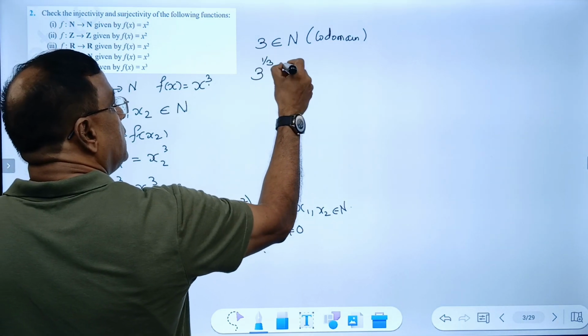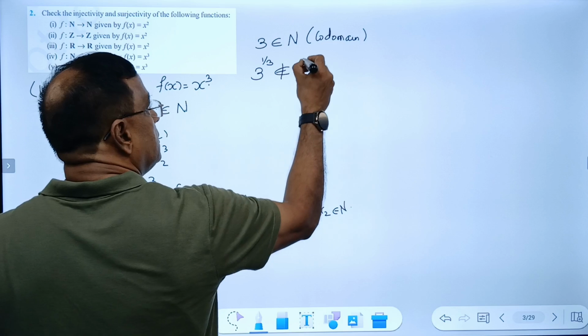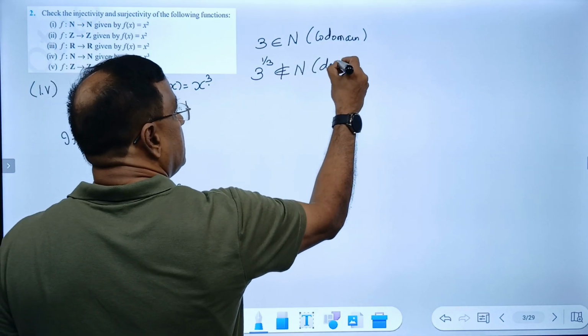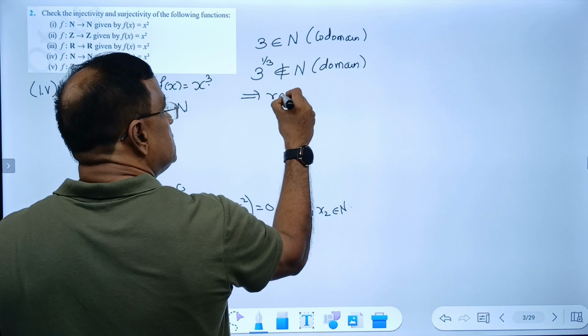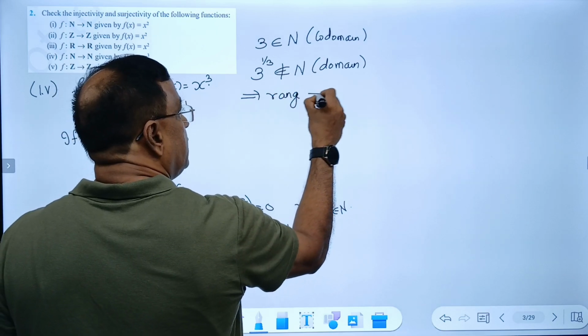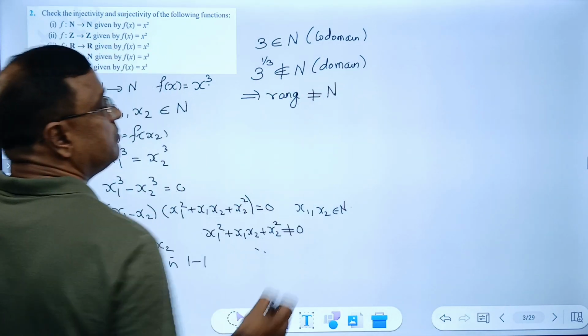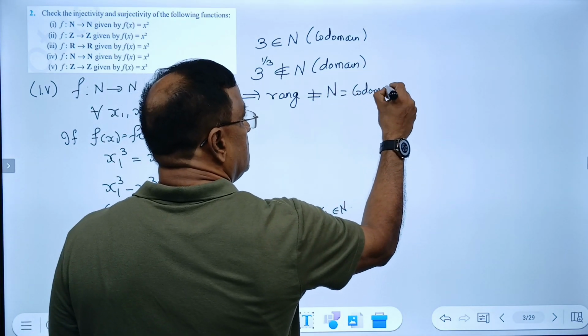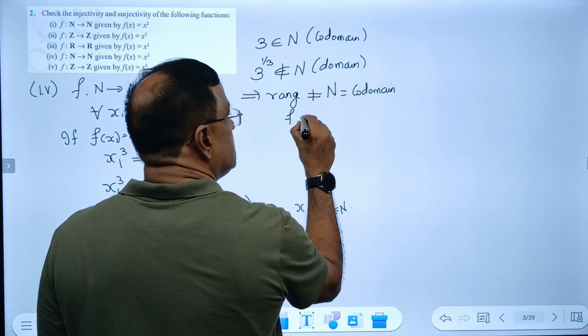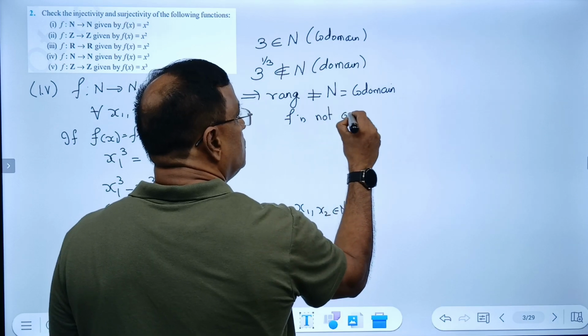Cube root of 3 cannot be a natural number in the domain. This implies my range cannot be natural numbers, which is the codomain. Therefore, f is not onto.